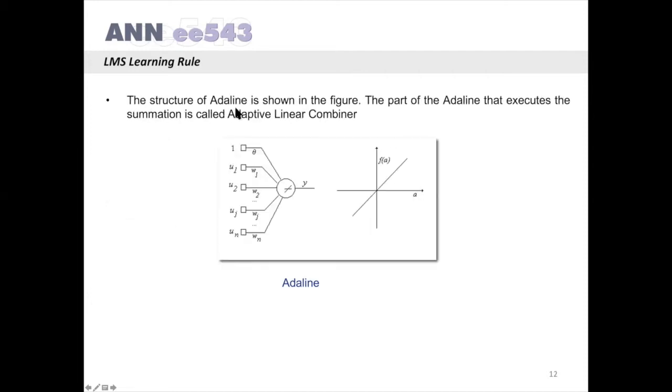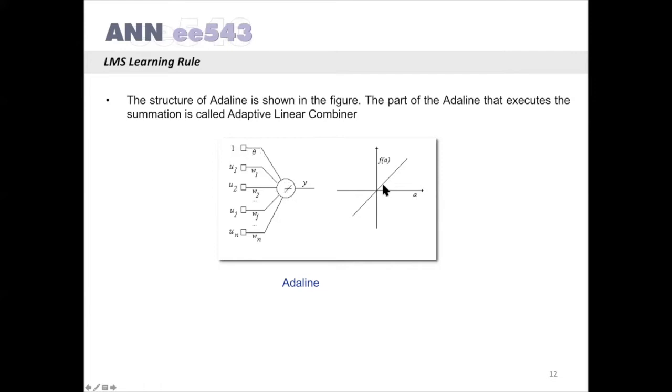The structure of the Adaline is shown in the figure. The part of the Adaline that executes the summation is called the adaptive linear combiner. Again, we have n inputs and connection weights. Additionally, input 1 is connected with theta.